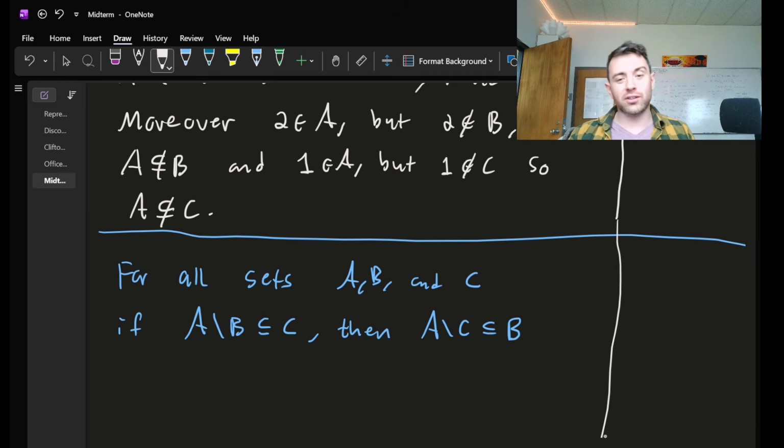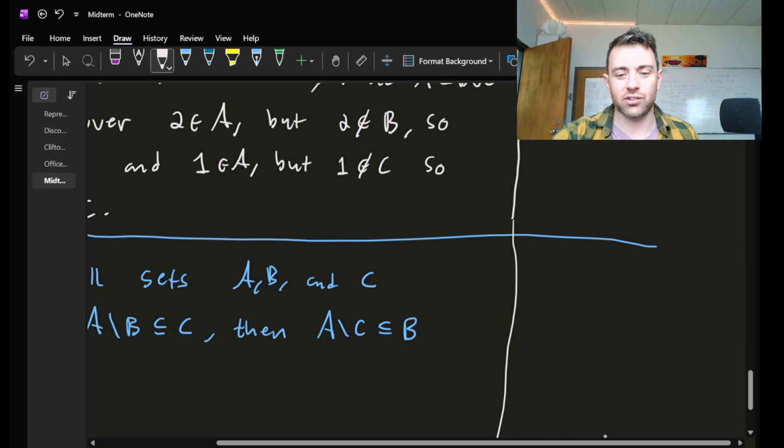And so if you did the homework problems, you would already know that this statement is true, and you would already know the exact proof strategy of how we're going to do it.